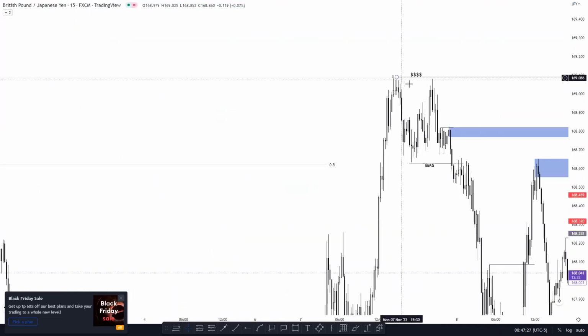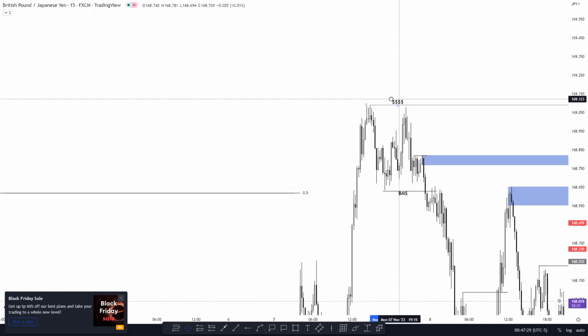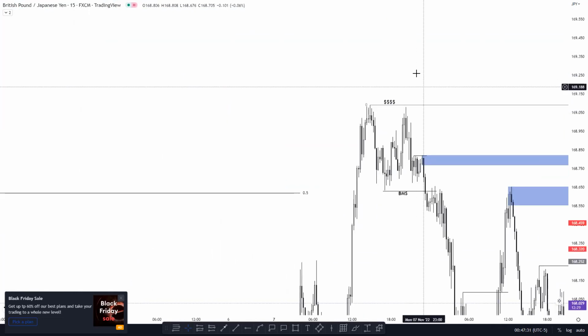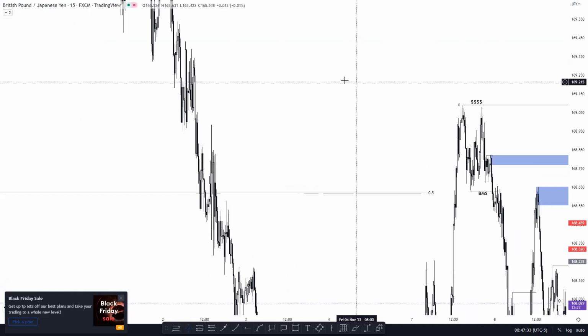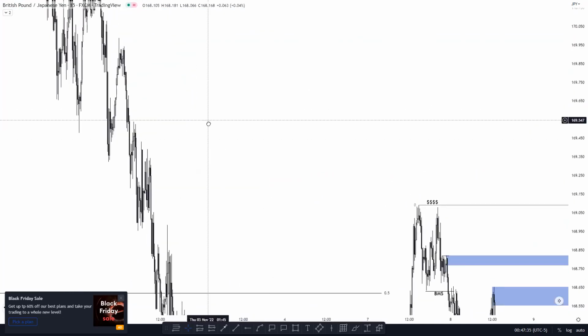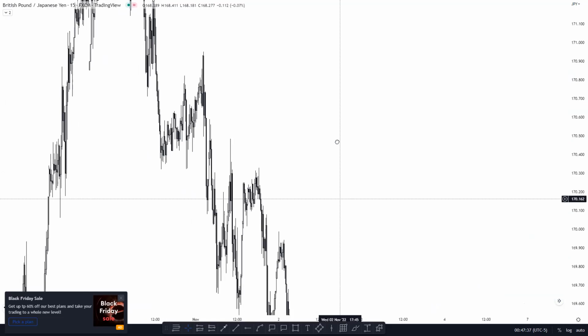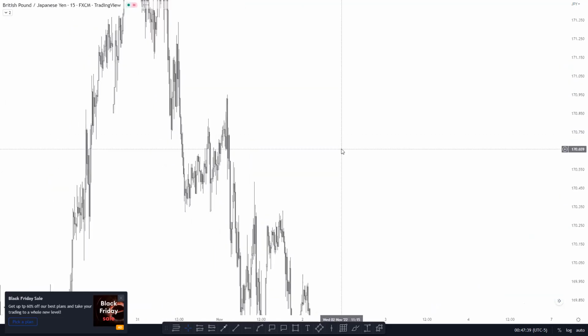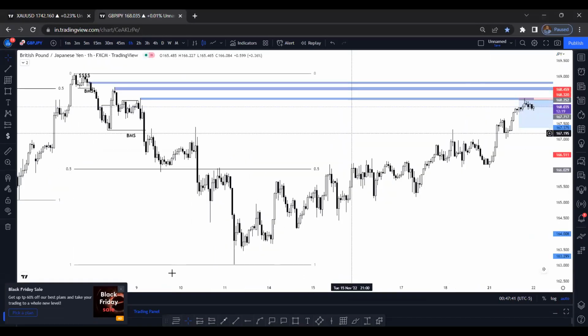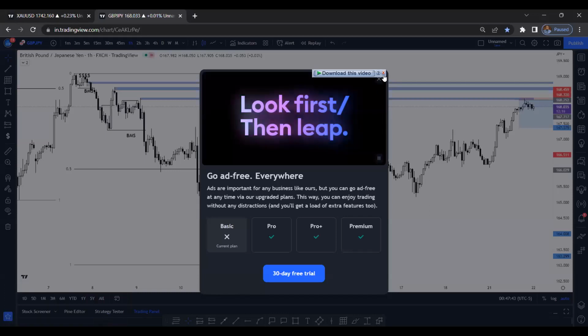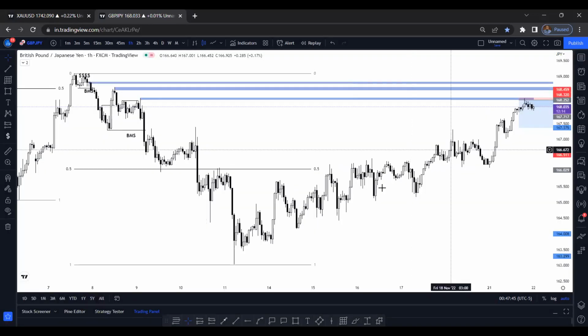But in here there is no liquidity grab, so that is why we will use this high as liquidity only. You understand? So that is how we look for sells in there. You understood?